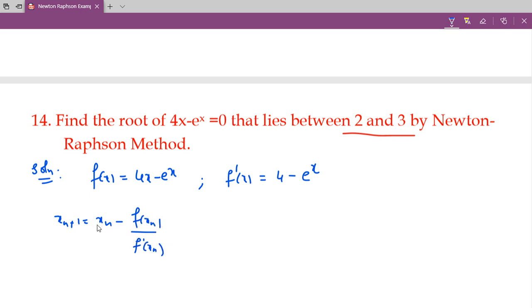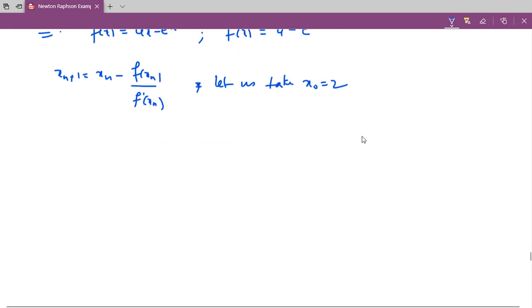Let us take x naught as 2, since they have already given that the root lies between 2 and 3.